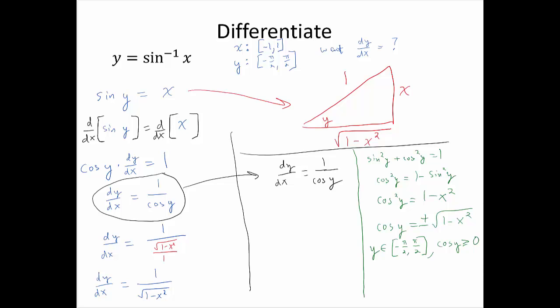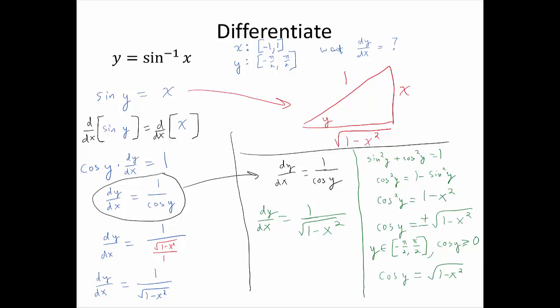And so we can exclude the negative root, and we can say simply that the cosine of y must be equal to the positive square root of 1 minus x squared, and we get the same result as before. Sorry, I should have made that substitution: dy dx is 1 over the square root of 1 minus x squared.